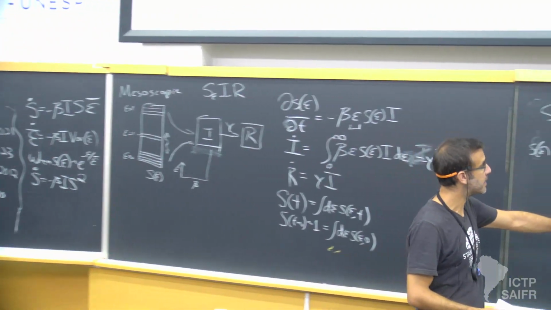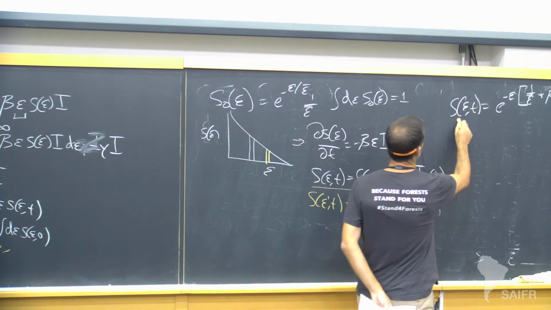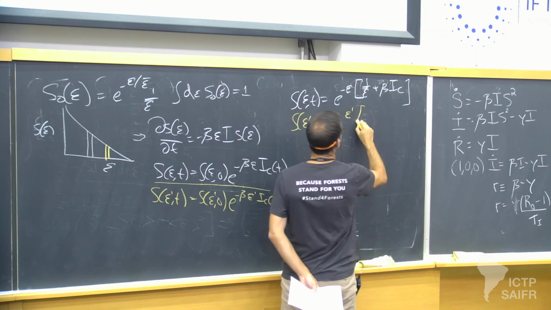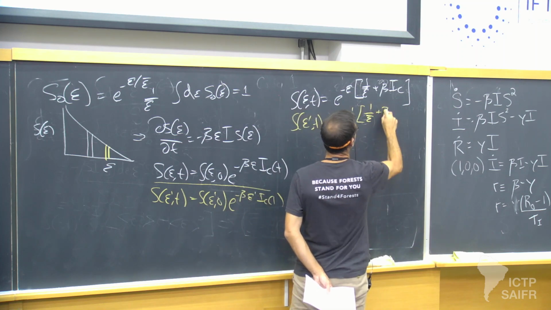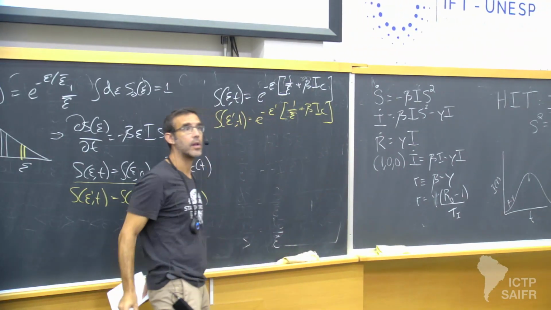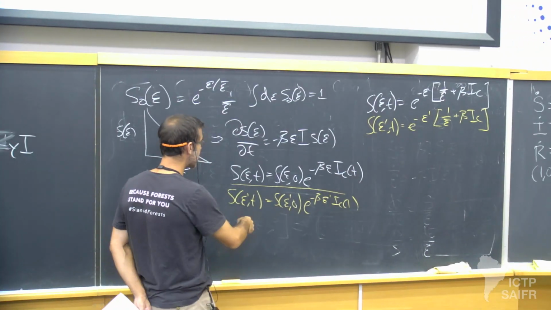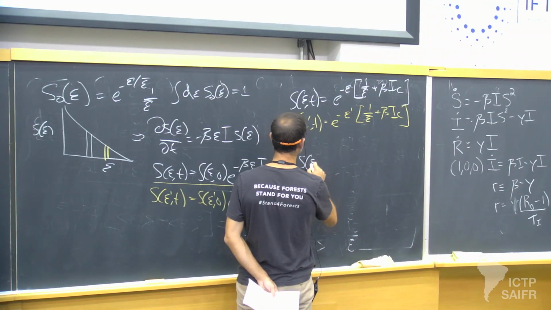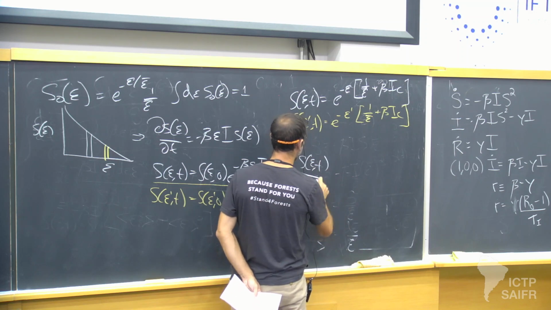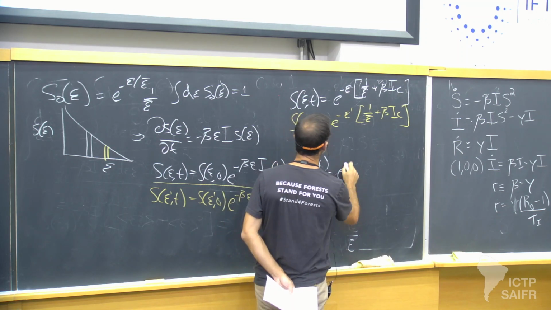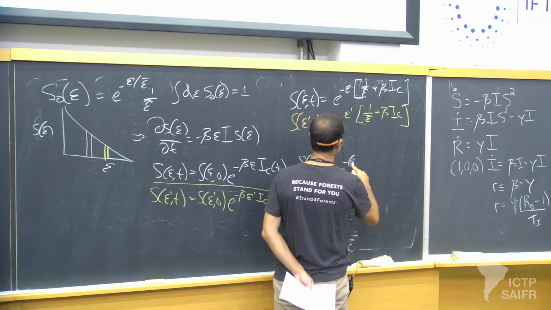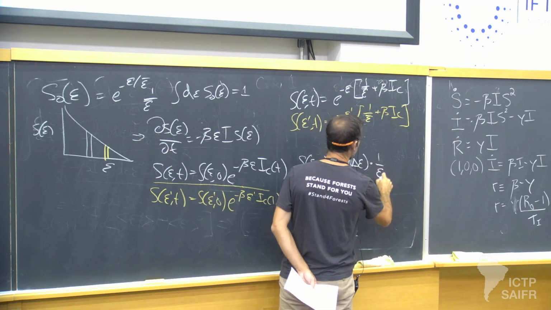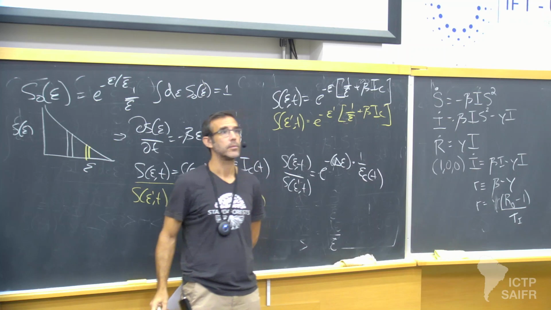But that also applies to this one. S of epsilon prime comma t is e to the minus epsilon prime. And this is the same stuff. Which means that this ratio, S of epsilon comma t divided by S of epsilon prime comma t, is equal to e to the minus delta epsilon times 1 over some new characteristic value.